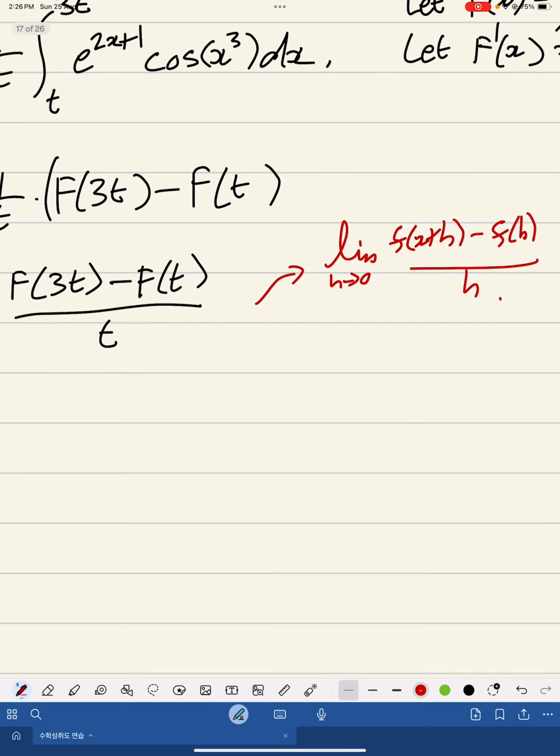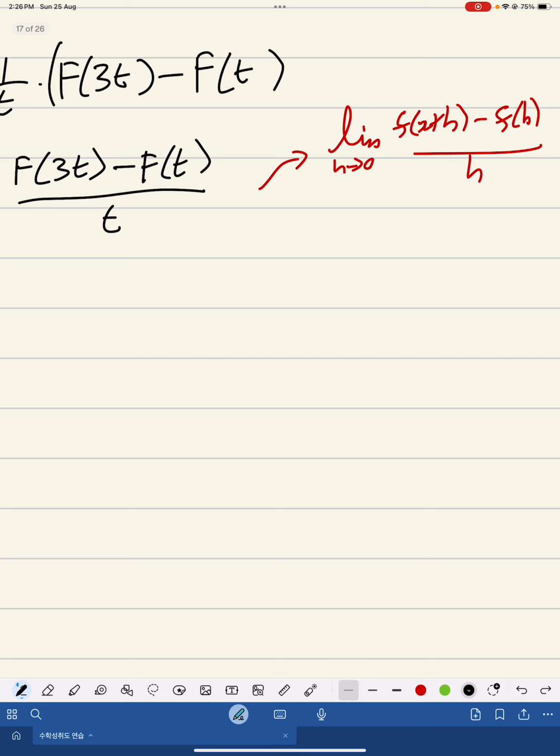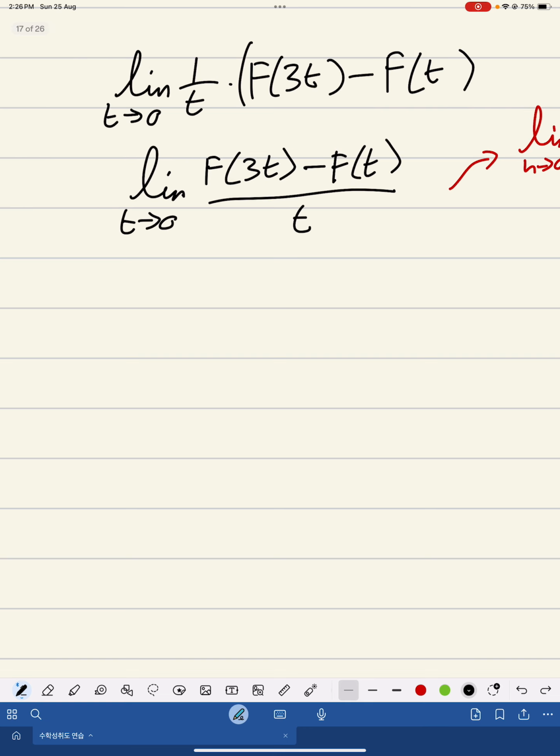This looks like that. So we can actually manipulate this big limit into two parts. Because we have 3t and t, we would like to separate the 3t on one side and the t on the other.